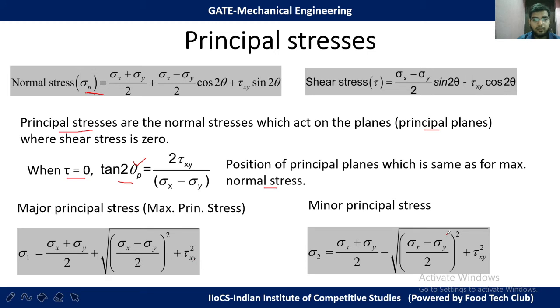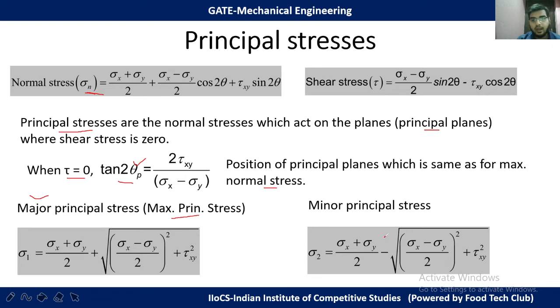We will get plus minus because this will be a quadratic equation, and for a quadratic equation, when we take the square root, we give both plus and minus signs. So the equation with the plus sign is called the major principal stress, which is also the maximum principal stress.